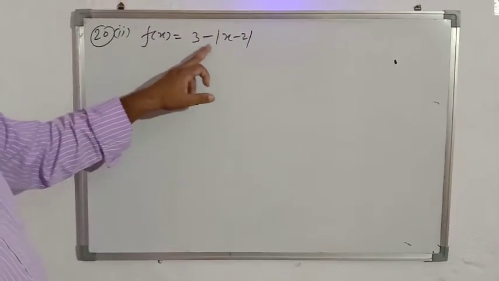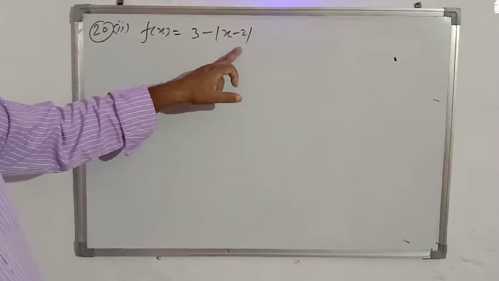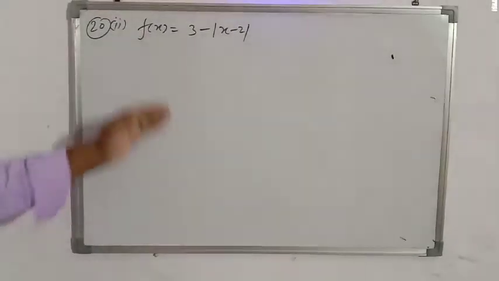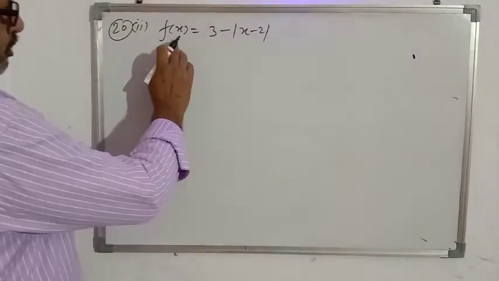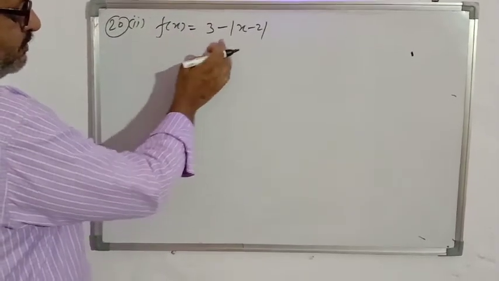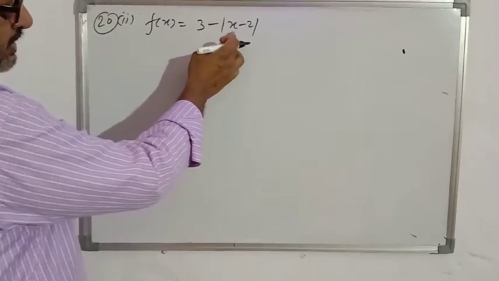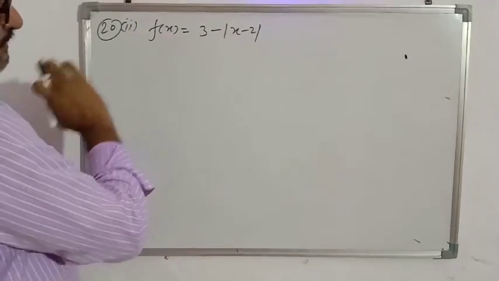f(x) is equal to 3 minus the absolute value of x minus 2. Again we have to find the domain and range of this function. For the domain, f(x) must be real. We see that for every real value of x, we are getting f(x) real.